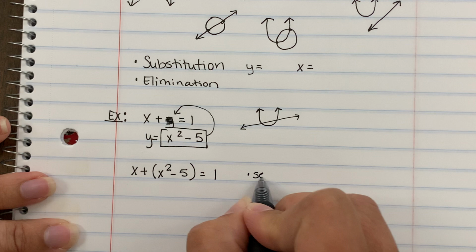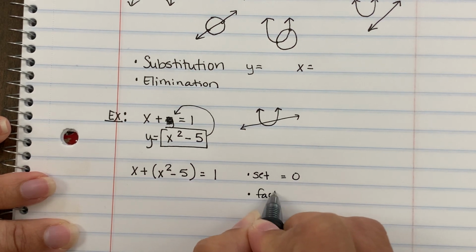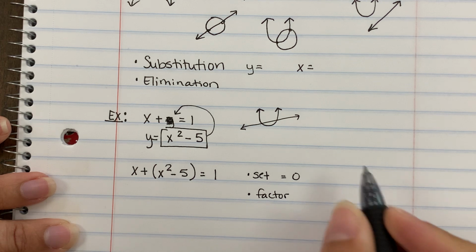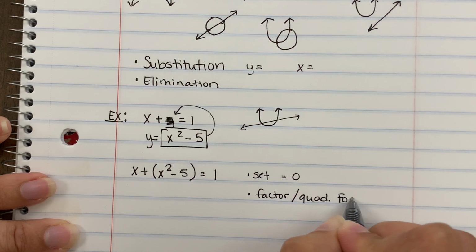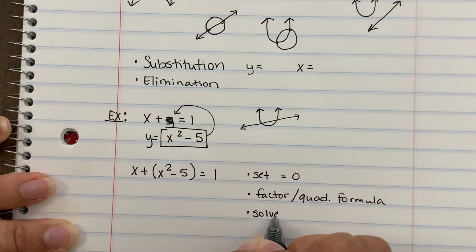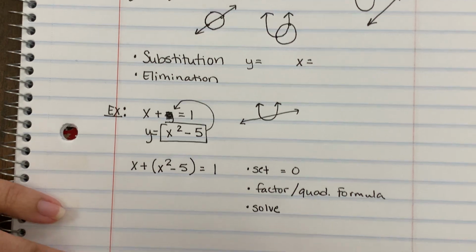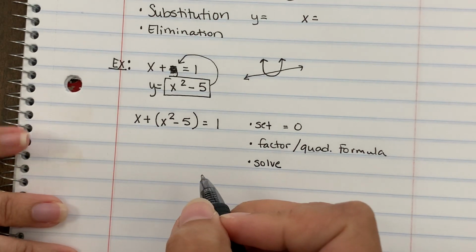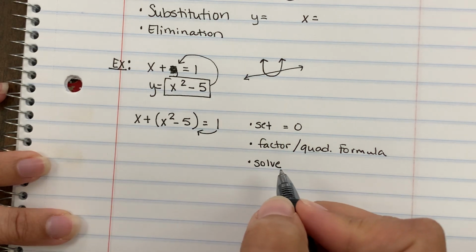And then if you notice, I have an x squared and an x in this equation. So we know how to solve quadratic equations. You have to set them equal to 0, factor if possible, or use the quadratic formula if it's not factorable, and then solve. And I believe that this one is definitely factorable. Just looking at it, I can assume. So I'm going to rearrange this, and I'm going to move that 1 over.